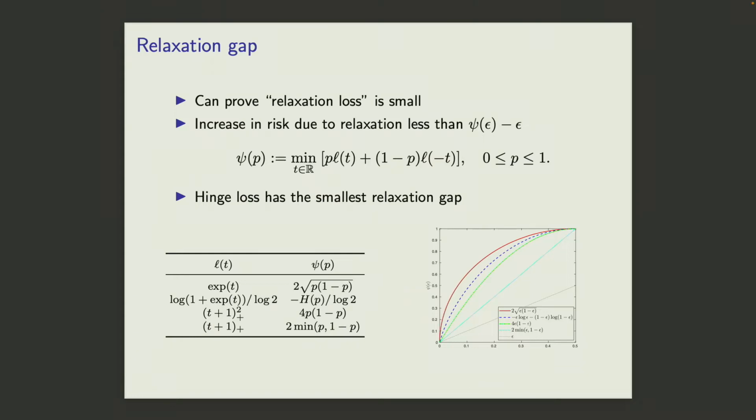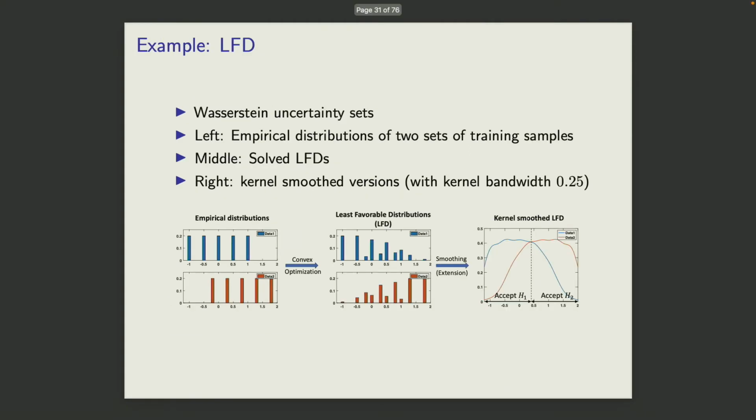And so we can show that the loss is no more than this phi epsilon minus epsilon. And if we look at the gap, it looks like the hinge loss has the smallest relaxation gap, which is not surprising, because if you look at which function is closest to the 0-1 loss, then hinge seems to be pretty close.